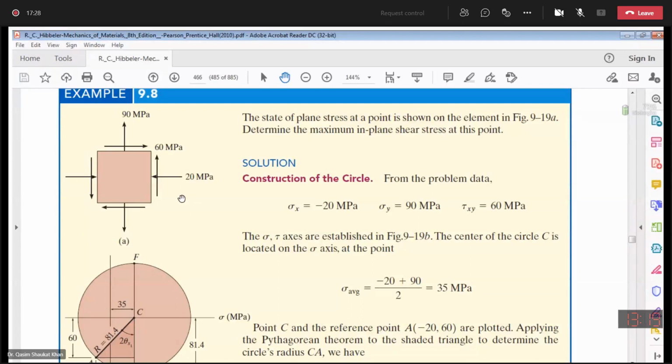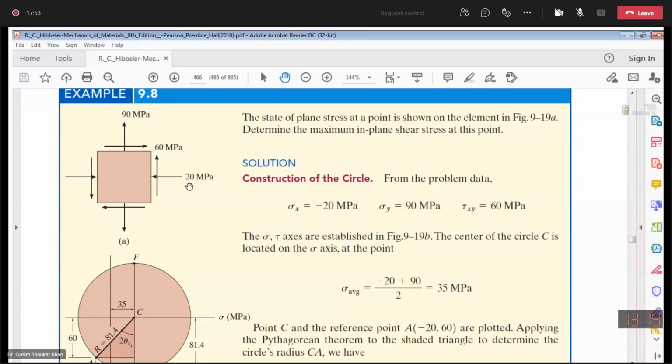Next thing is we need to calculate the radius of the Mohr circle, or you can say the resultant. If you recall, the formula for the calculation of the radius or the resultant is under root of ((sigma x minus sigma y) over 2) square plus tau xy square.